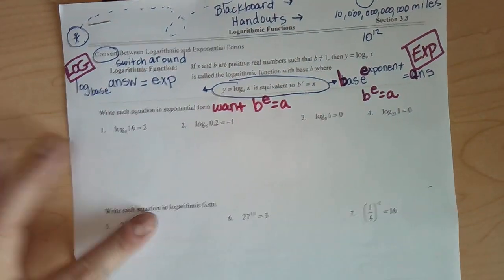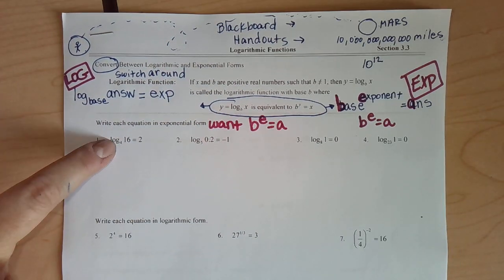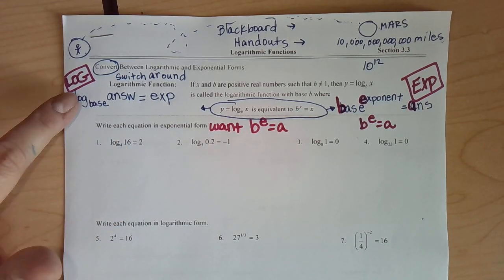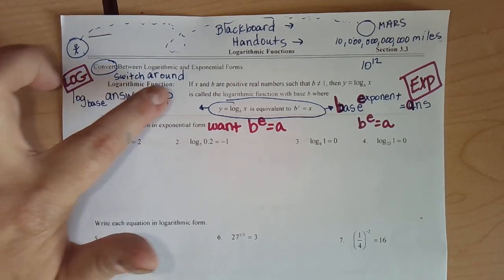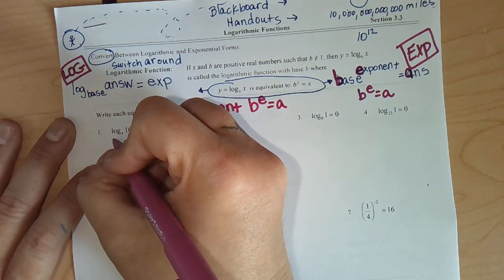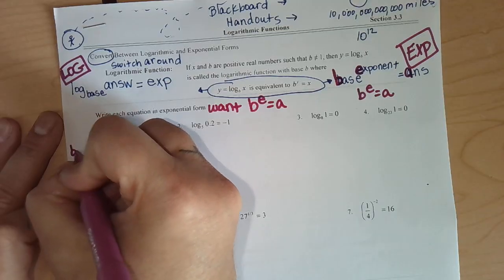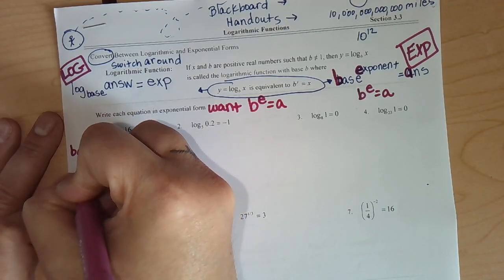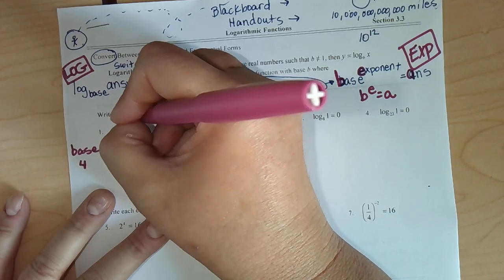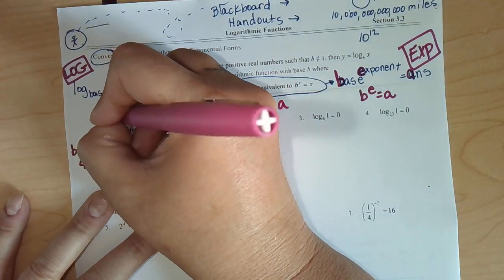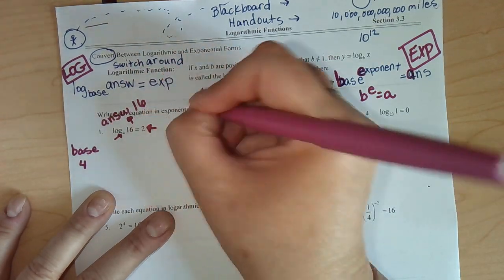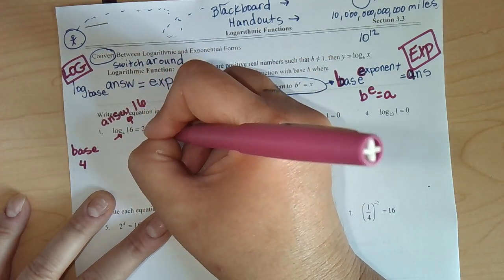Well, what did they give us? They gave us a bunch of logs. So this looks like log base b of the answer equals the exponent, where 4 is the base, 16 is the answer, and 2 is our exponent.